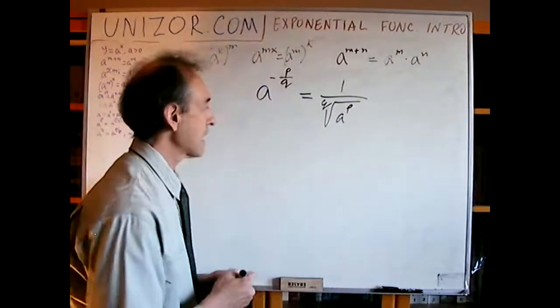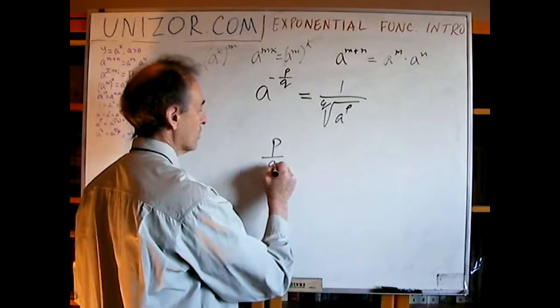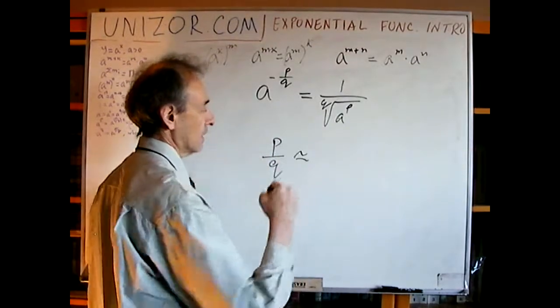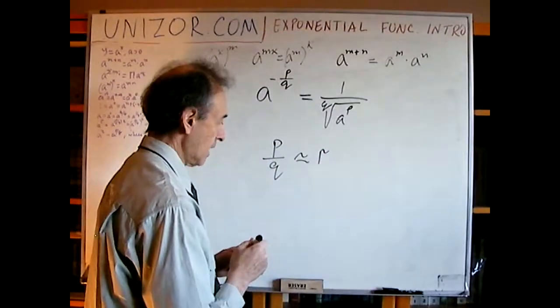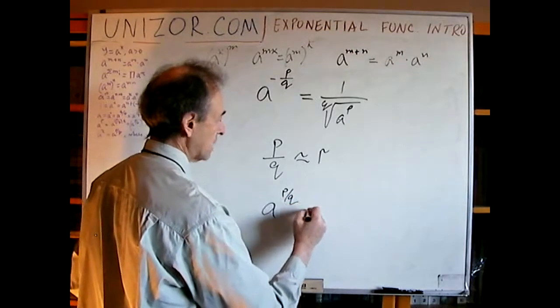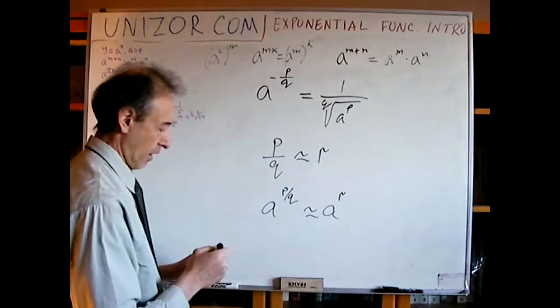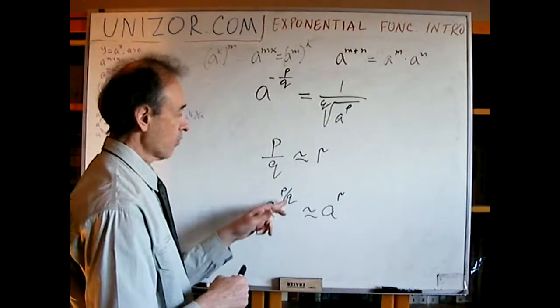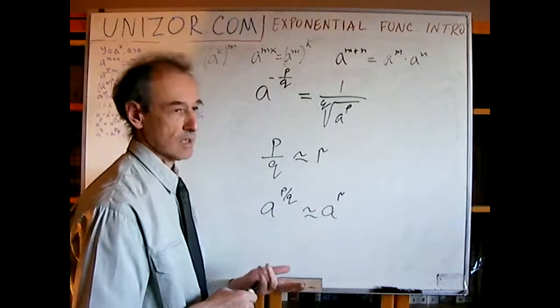So I can always say that if rational number p over q is an approximation for the real number r, then a to the power of p over q is an approximation of a to the power of real number r. The more precisely we define this, the more precisely this is actually defined.